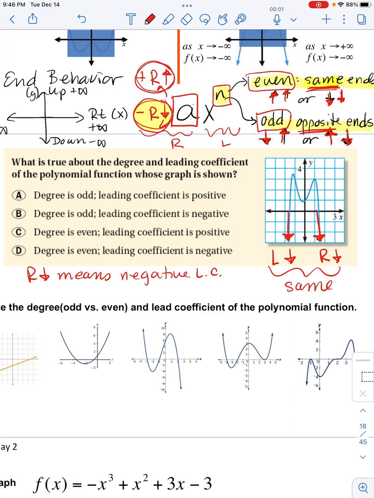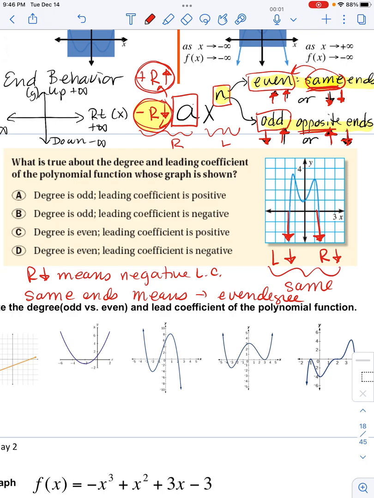So look back up at your notes. If it's doing the same thing, that tells me that I have an even degree. So I can say same ends means that I have an even degree.